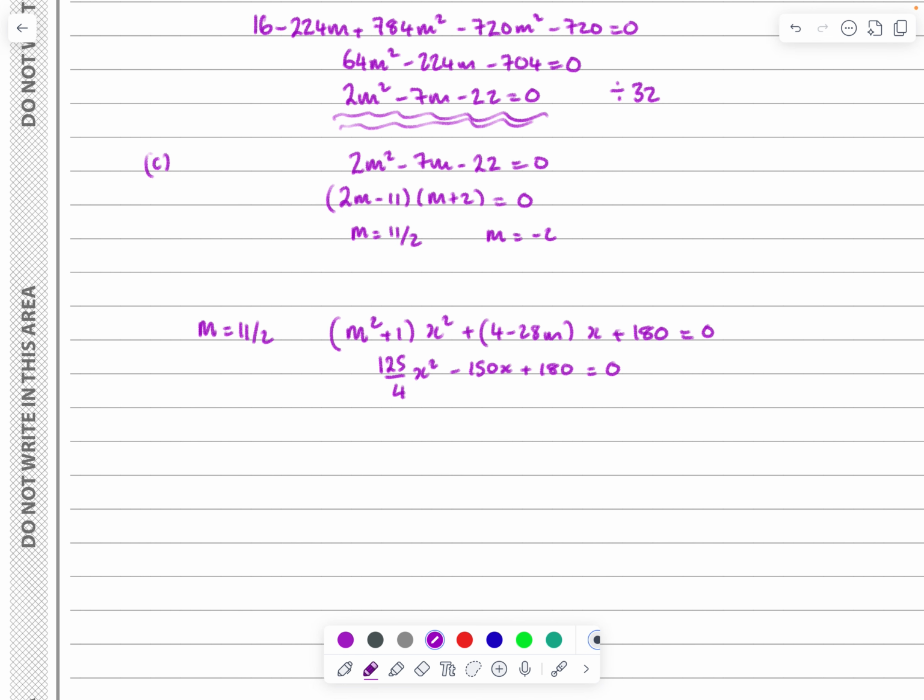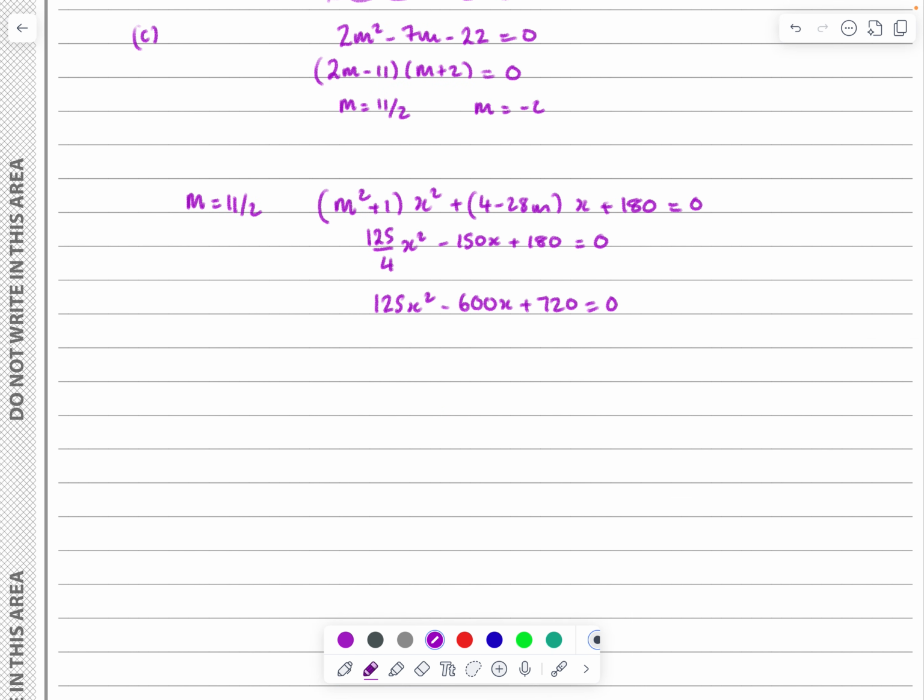And at that stage, tidy it all up, multiply everything by 4. I get 125x squared, minus 600x plus 720 equals 0. And now solve that either using the quadratic formula or by factorising it. The one thing we do know is it's going to be a perfect square. So it actually factorises to that, or solving it using the quadratic formula, it comes to that.